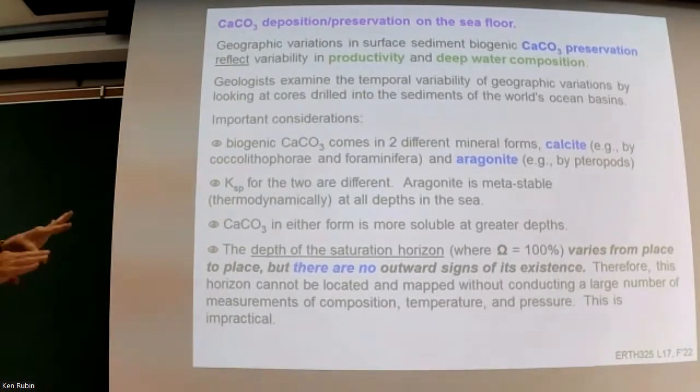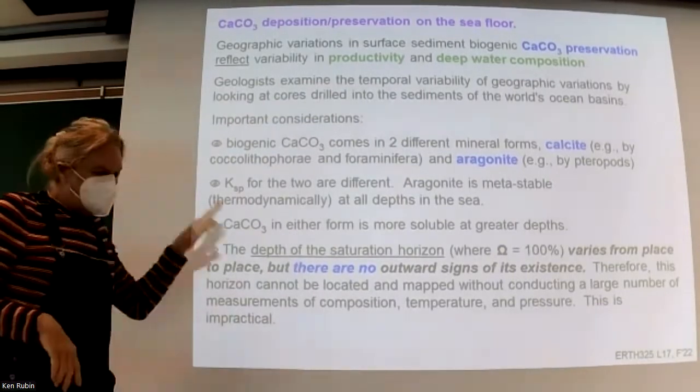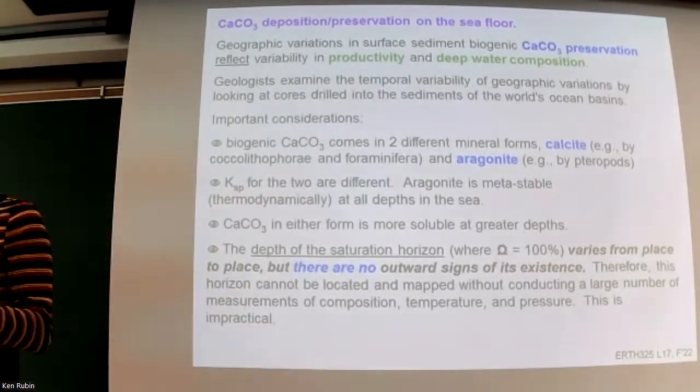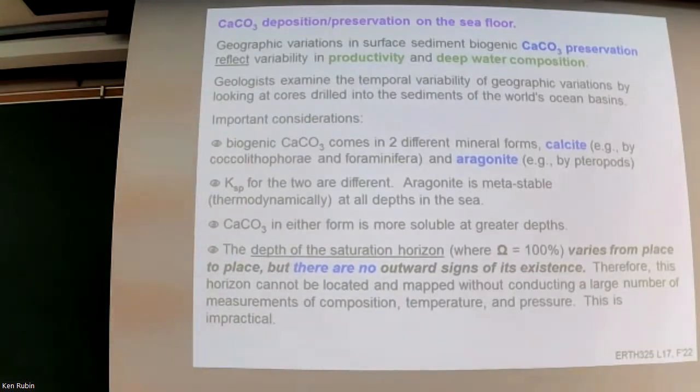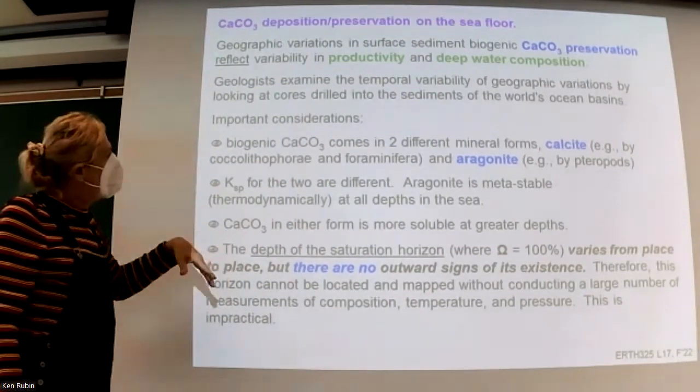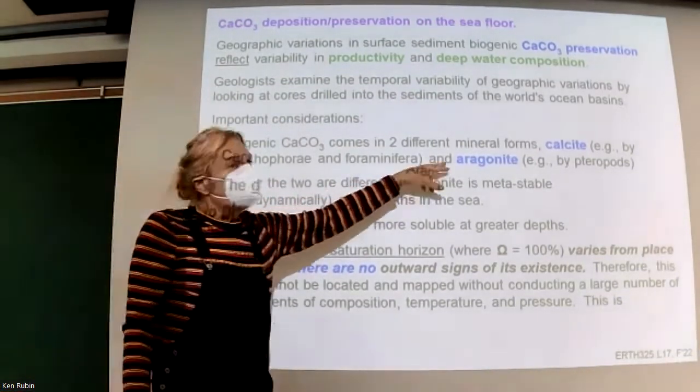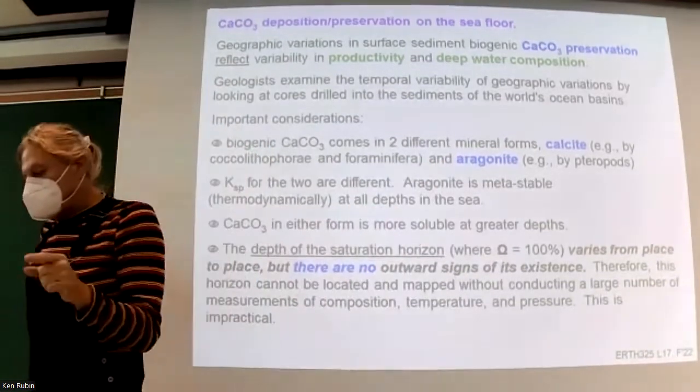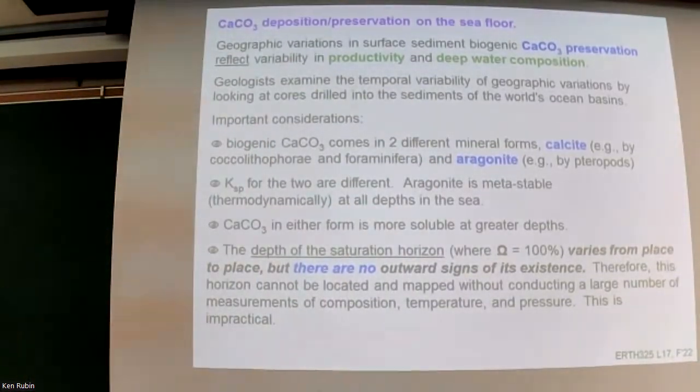Then we started talking, I think I left off on this slide, about calcium carbonate deposition on the seafloor. In a way, calcium carbonate deposition is a reflection of how much production is happening in the surface ocean, secondarily by how soluble calcium carbonate is. As we talked about, both forms of calcium carbonate, calcite and aragonite, get more soluble as it goes down in the ocean.